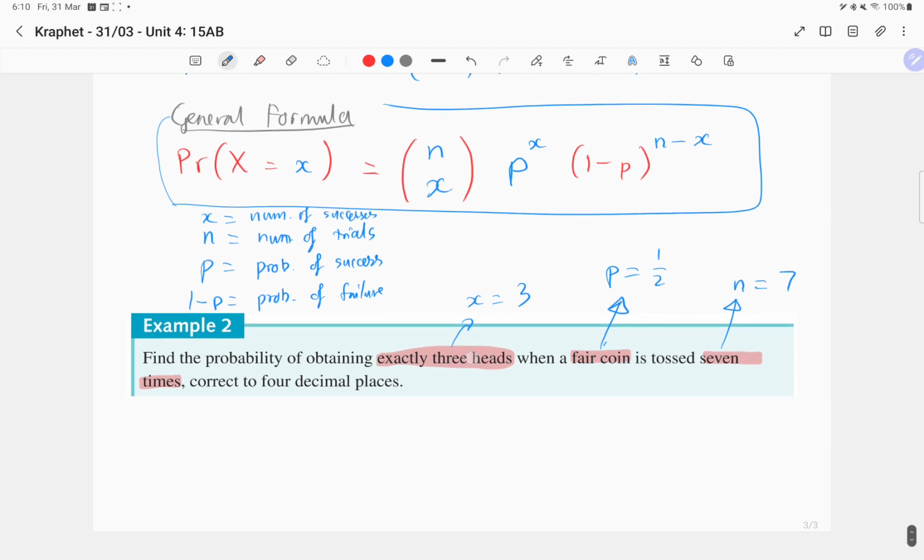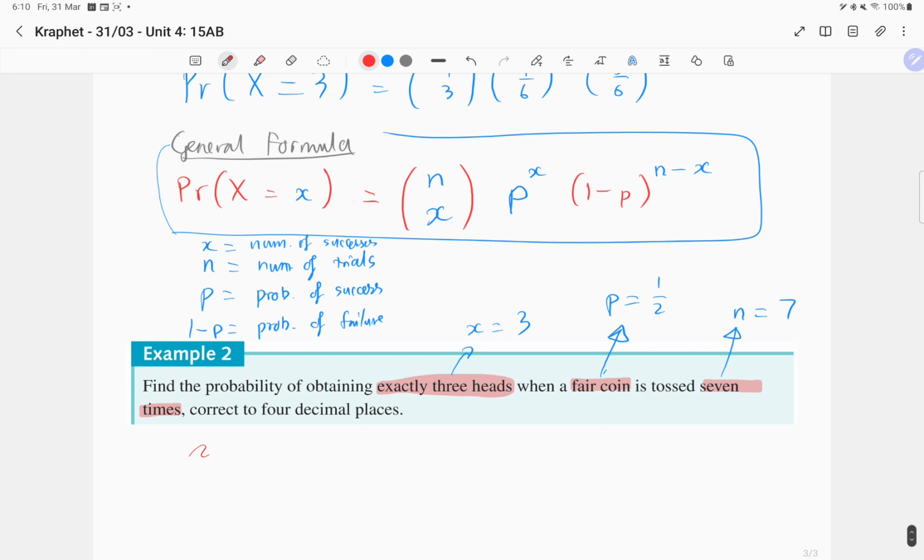All right, let's plug them into the formula. Probability of capital X equals 3 is equal to 7 trials, 3 successes, times the probability of success, 1/2, raised to the power of the number of successes, 3.